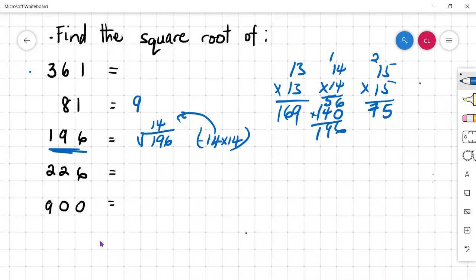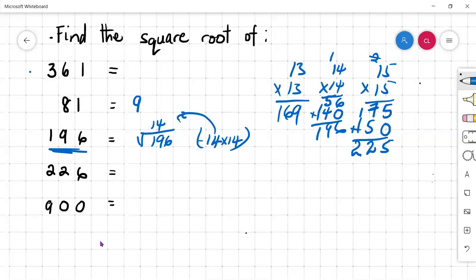Okay. Placeholder, we're going to cross this one. 1 times 5 is 5, 1 times 1 is 1. Add these, 5 and 0 is 5. 7 and 5 would make 12, right? 2 carry 1. And 1 and 1 is 2. So 225, okay?